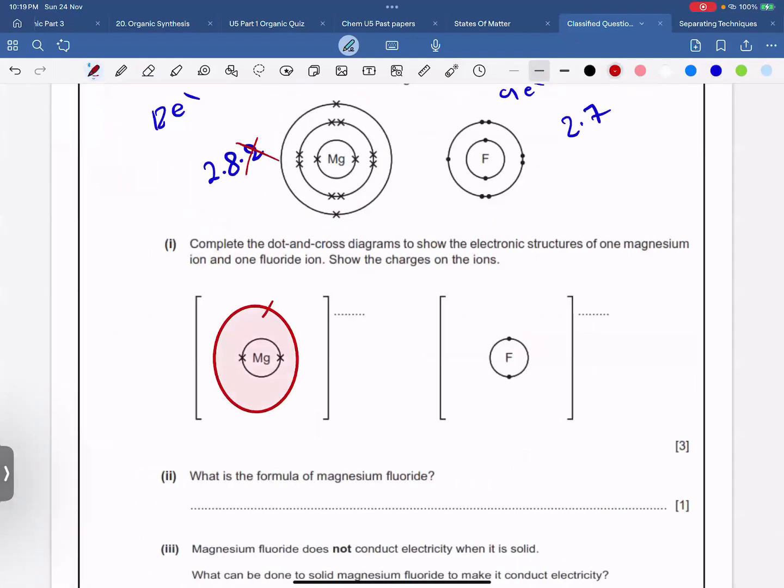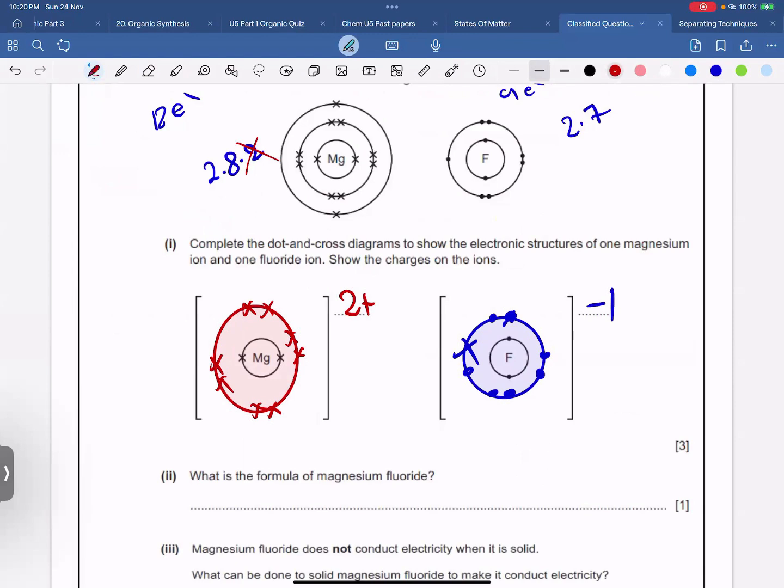So 1, 2, 3, 4, 5, 6, 7, and 8, and holds +2. Fluorine accepts 1 electron. So 1, 2, 3, this dot. So 1, 2, 3, 4, 5, 6, 7, and 8. And fluorine holds a minus charge.